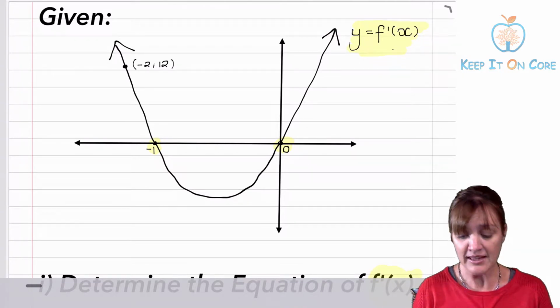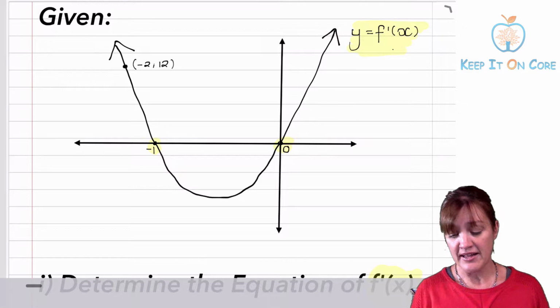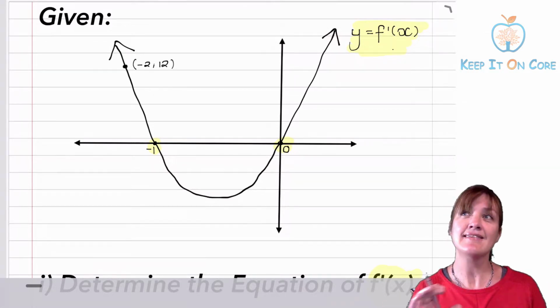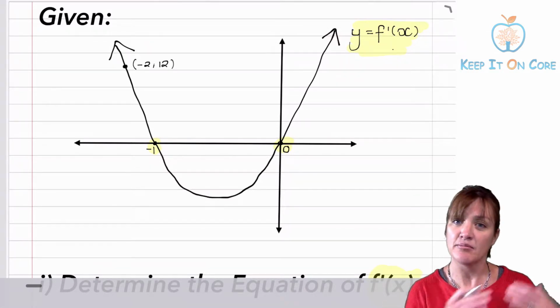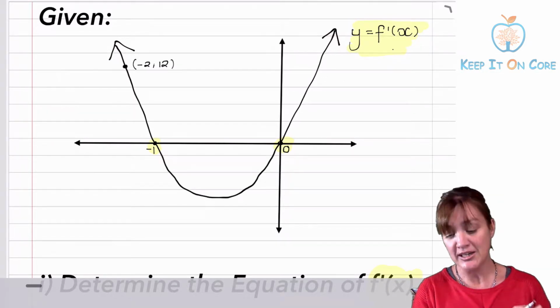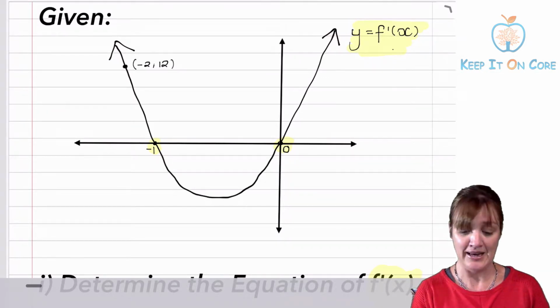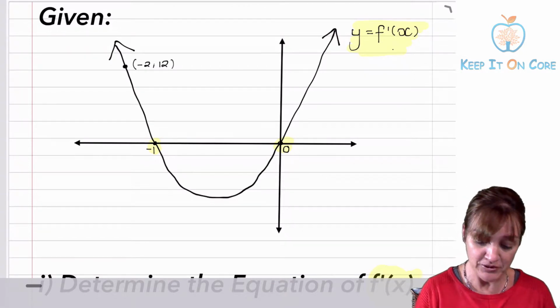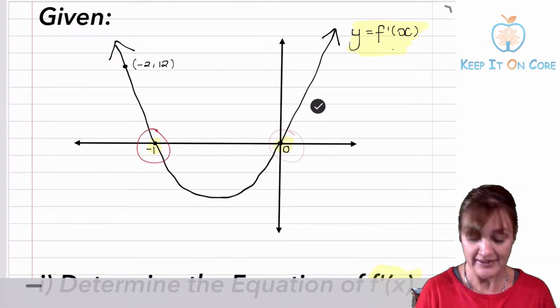Now, to find the equation of a parabola, there's a similarity between finding a parabola equation and a cubic equation, especially when you've got x-intercepts. Do you agree? If you look at this, I know what the two x-intercepts are.